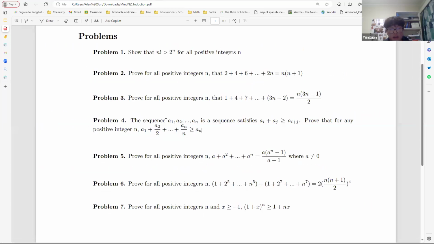The sequence A1 all the way to AN satisfies AI plus AJ is larger than or equal to AI plus J. Prove that for any positive integer n, we have that A1 over 1 plus A2 over 2 plus dot dot dot plus AN over n is larger than or equal to AN. This problem appeared in, I think, 1995 APMO. So it's not easy.